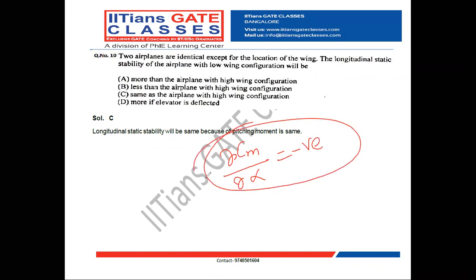Since we are using identical sections, lift is produced the same, so pitching moment and thereby pitching moment coefficient is the same, thereby dCm by d alpha value is the same. So both the high wing configuration and low wing configuration will have the same longitudinal static stability. So option C is the correct answer.